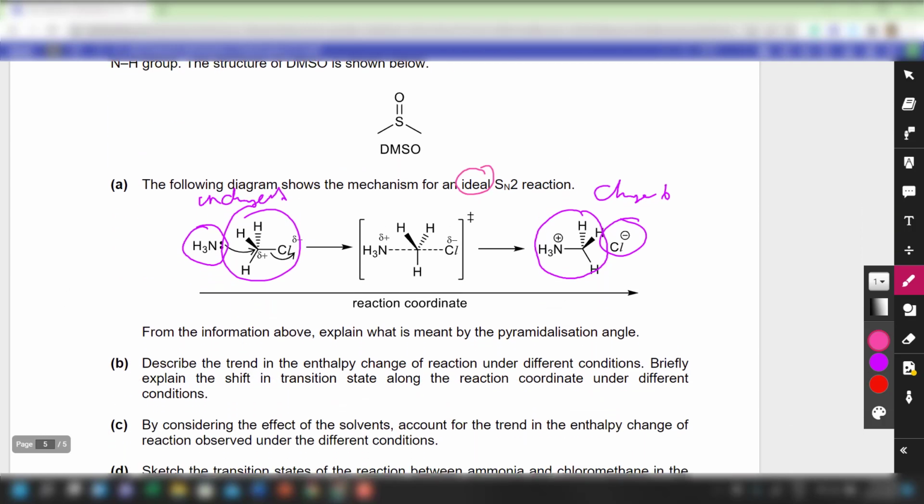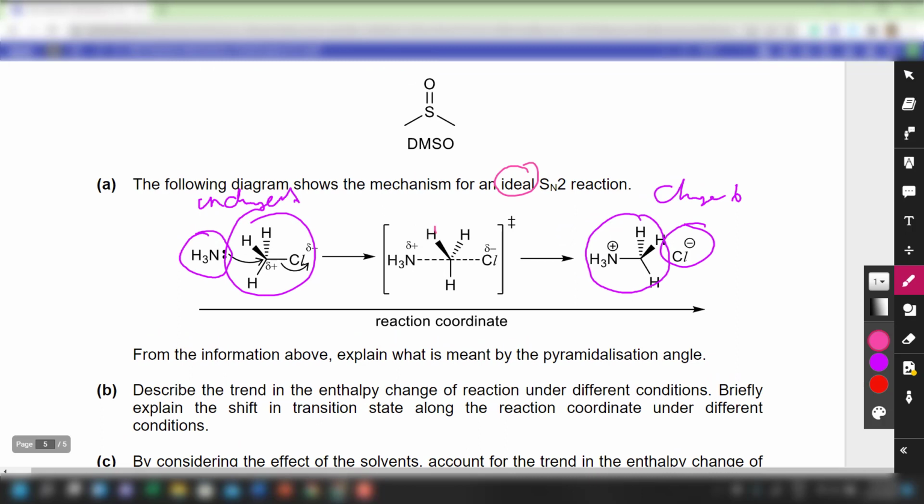That ideal reaction means that the bond breaking and the bond forming are established to the same extent, and then in the transition state it is a perfect trigonal bipyramid structure. From here, I think you can see that this is a trigonal plane, and then of course this is the axis.